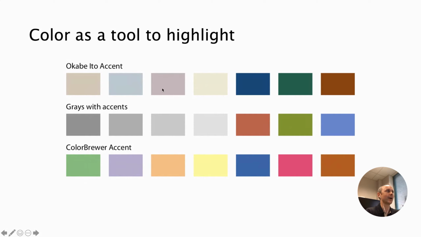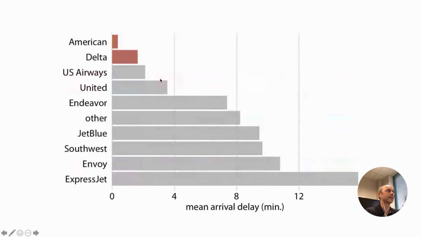Actually, I don't have an example of this now. It's in my book, I can probably pull it up in a second. But this is just a very simple example. This is back to the airline example. This figure just shows that in this particular data set, American and Delta have the shortest delays. This is the mean arrival delay in minutes.